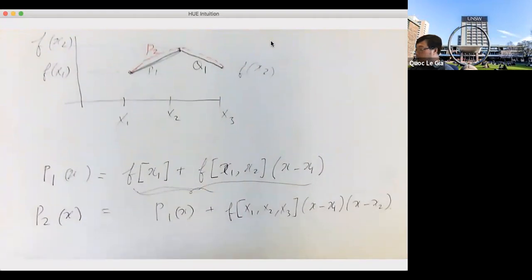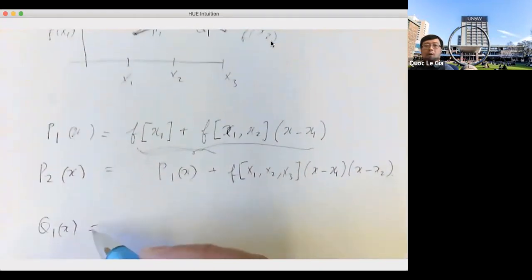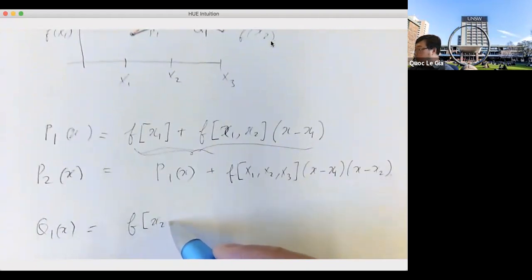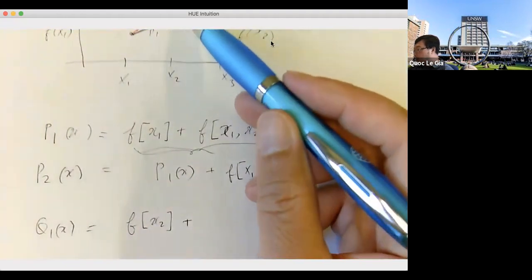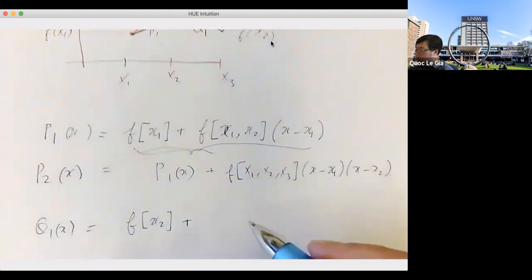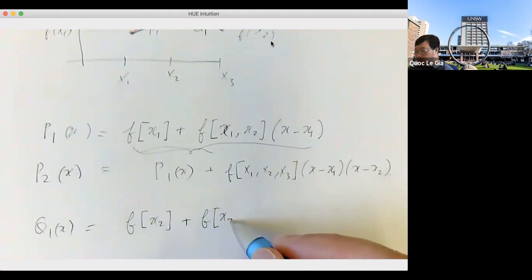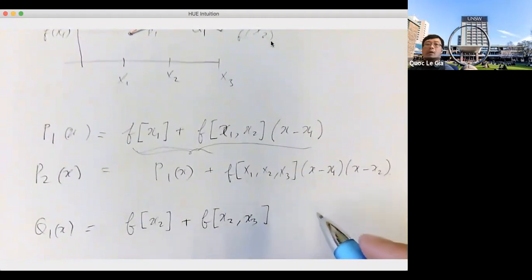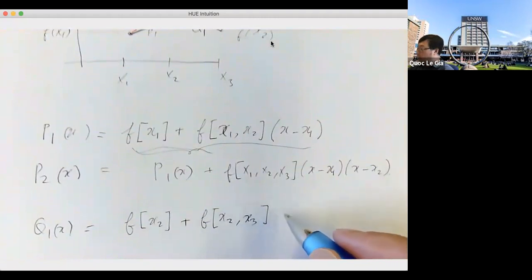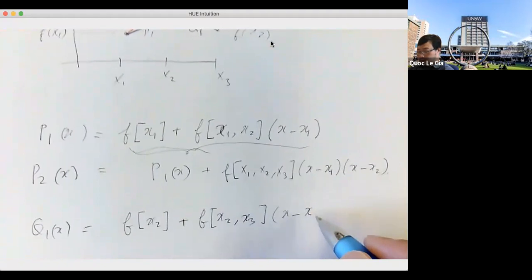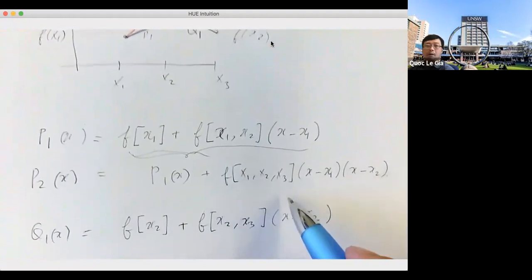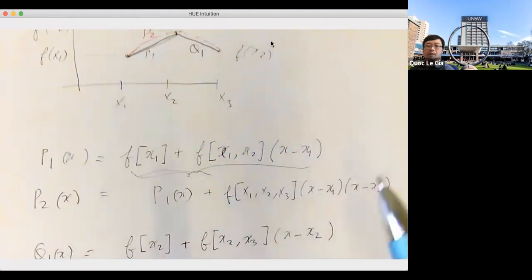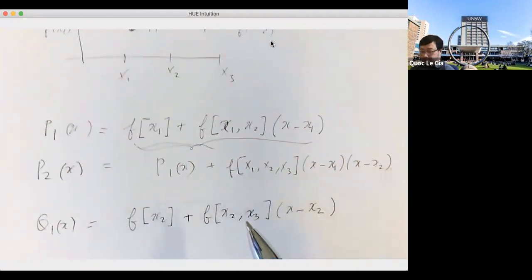Q1 is f(x2) plus the slope of the line through x2, x3, times (x minus x2).